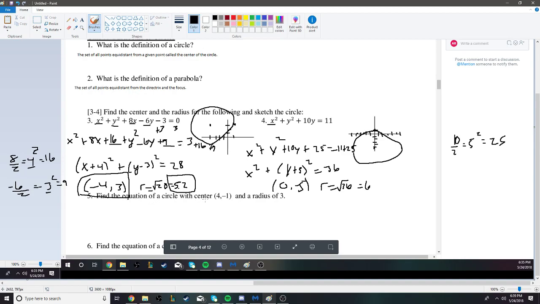Find the equation of the circle of center 4, negative 1, and radius of 3. So it's going to be x minus 4 squared plus y plus 1 squared is equal to 9, because this number right here is equal to r squared.